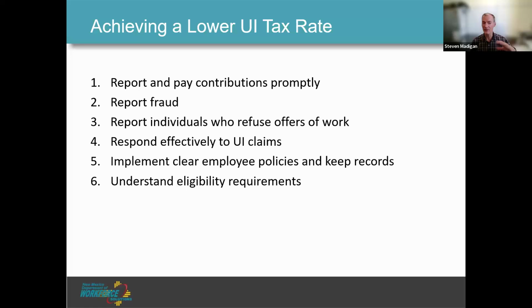I will go through them briefly, but then we're going to spend more time on the last three, which is responding effectively to unemployment insurance claims, implementing clear employee policies and keeping records, and then finally understanding eligibility requirements. Those three are intertwined, so they're not going to be presented as separate elements, but we'll talk about those three subjects as one when we get to it.